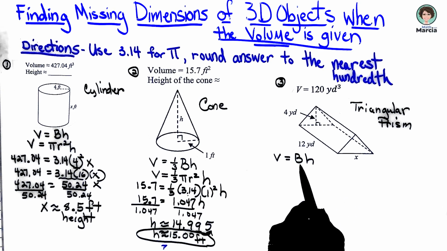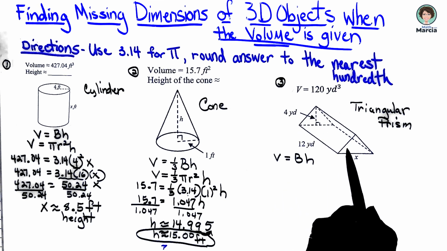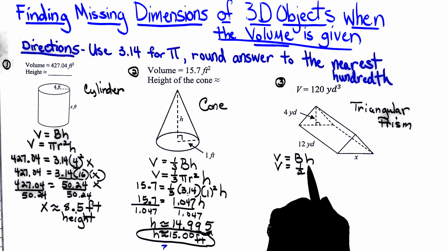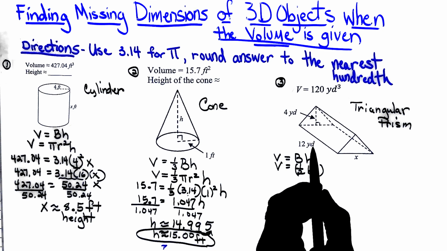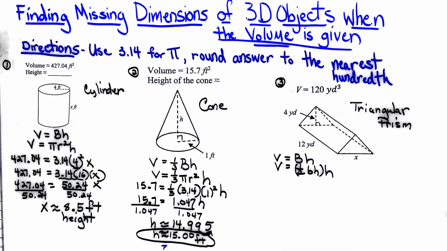Well, you're going to say, well, base area, well, here we have our base, and it is a triangle. So I'm just going to write down the formula, 1/2 base times height, and there is for my triangle. And now this is for the height of my triangular prism.